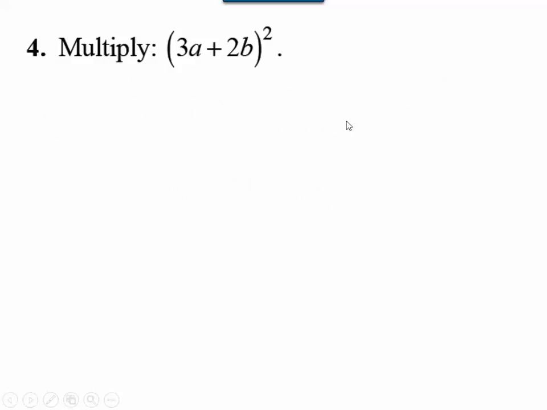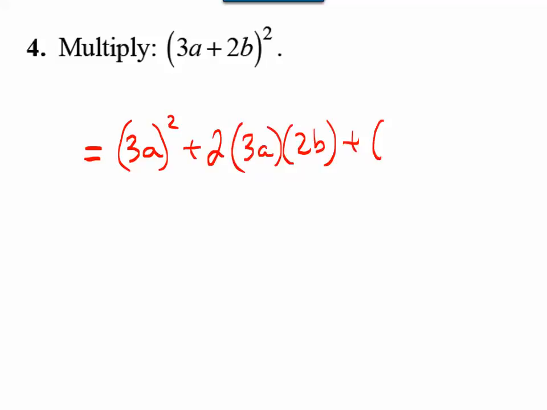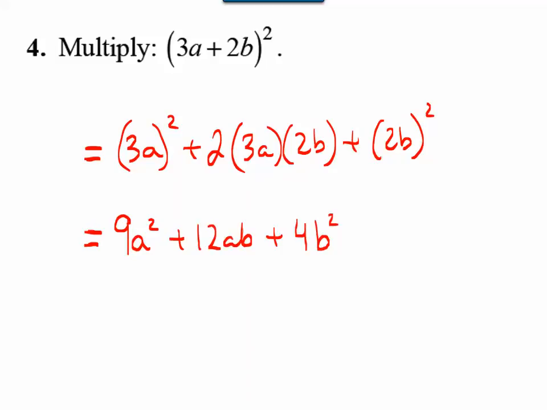Alright, I started as well here. Hopefully you guys are almost done here. So squaring the first term, double the product of the two terms, and square the last term, eventually 9a squared plus 12ab plus 4b squared.